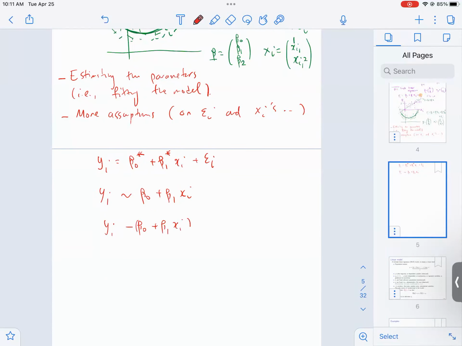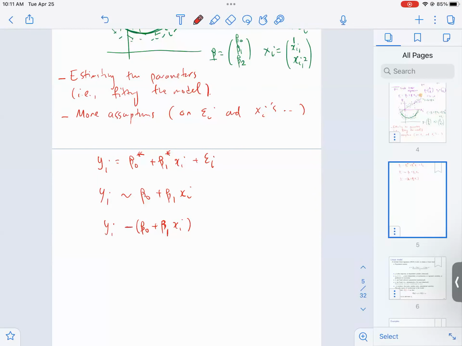Sometimes people call the unobserved error the error, and this one the residual, because I can form it and look at it. It's not exactly the residual, which is the one you get for the best fit, but I'm going to look at this difference, the potential residual.